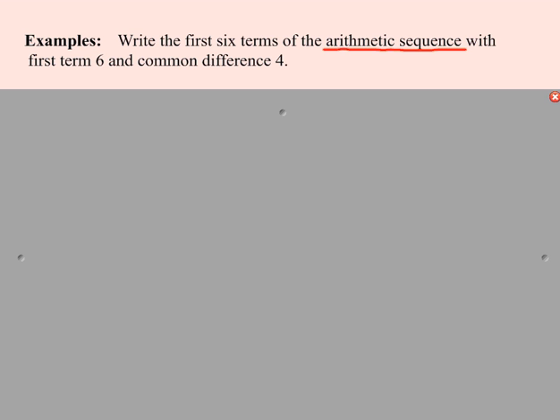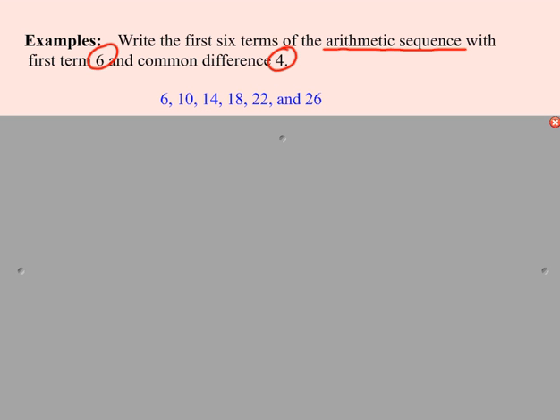So in this case, they're telling us that the first term is 6 and that the common difference is 4. So 4 is going to be the number that we add on each time. So you can picture this sequence: 6, then plus 4 gives us 10, then plus another 4 gives us 14, then 18, 22, and 26. That gives us the first 6 terms of the arithmetic sequence described.